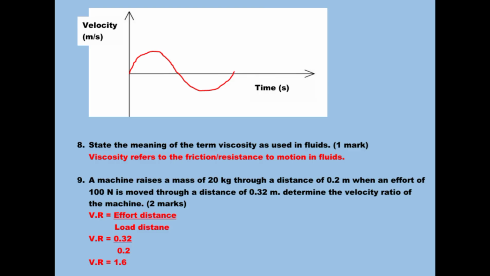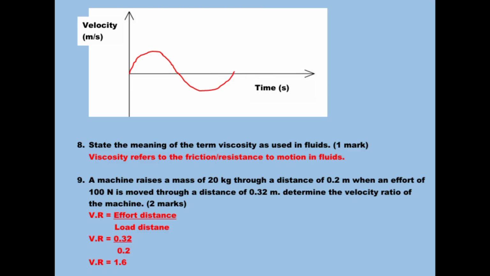A machine raises a mass of 20 kg through a distance of 0.2 meters when an effort of 100 Newton is moved through a distance of 0.32 meters. Determine the velocity ratio of the machine. So we are given the mass, and also we have the distance of the effort and the load, and then we are trying to find the velocity ratio.